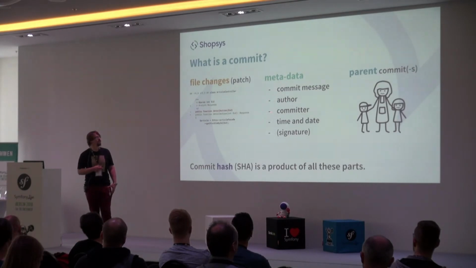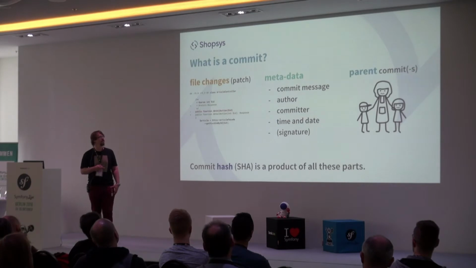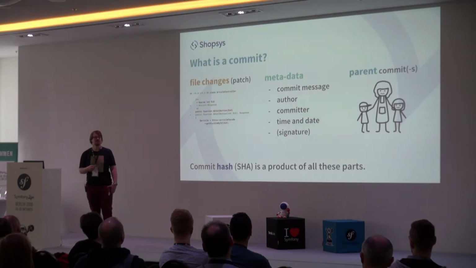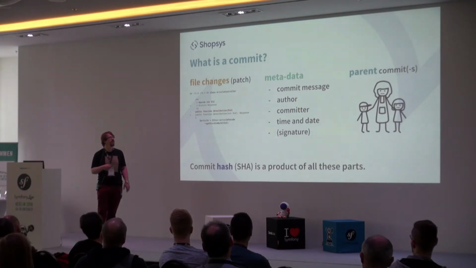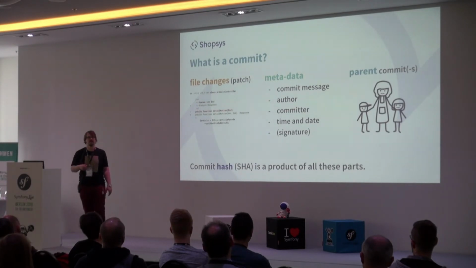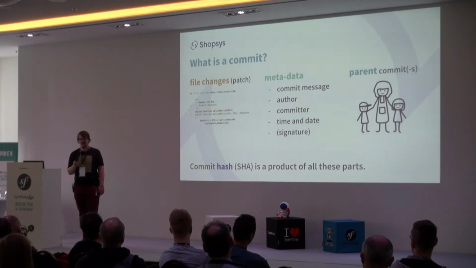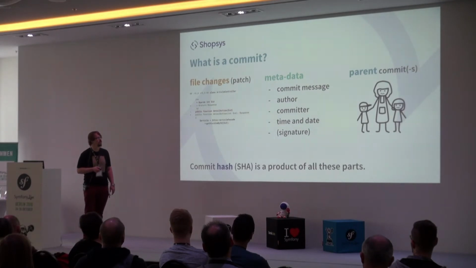But also, there is this different guy, and that's a committer. These two can be different people, because somebody could make the commit and be an author, and then somebody could, for example, on GitHub, merge it with squash and merge, and he would be a committer.